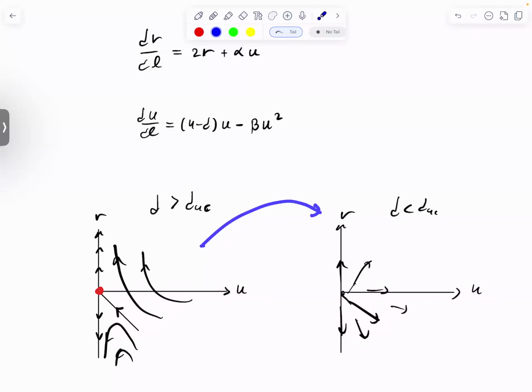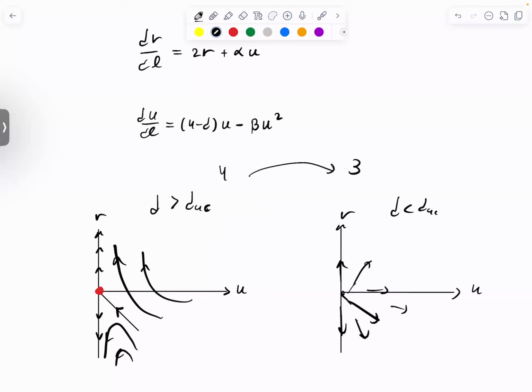When you go from, say, 4 dimensions to 3 dimensions, this thing is abrupt because it's an integer jump, and you go immediately from a Gaussian fixed point to suddenly a runaway flow in all directions.